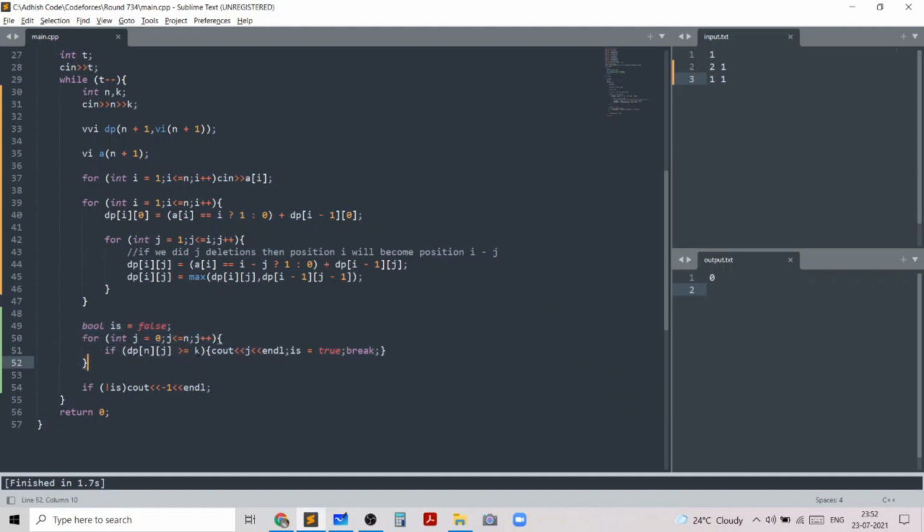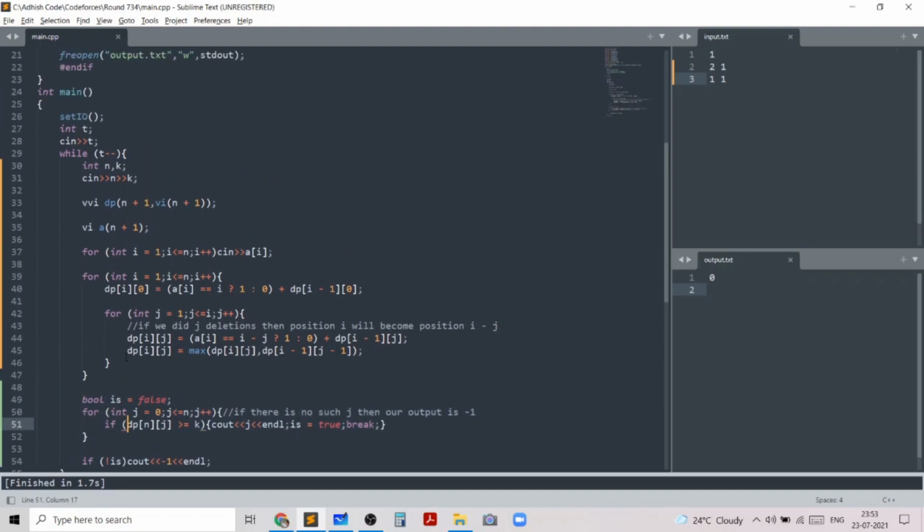Remember, j is the smallest index such that dp[n][j] becomes greater than or equal to k. The moment dp[n][j] becomes greater than or equal to k, we print j. And note that if there is no such j, then our output is minus 1, and hence I used a boolean variable to take care of that case by printing minus 1 when there's no such value of j. And that is our final output.